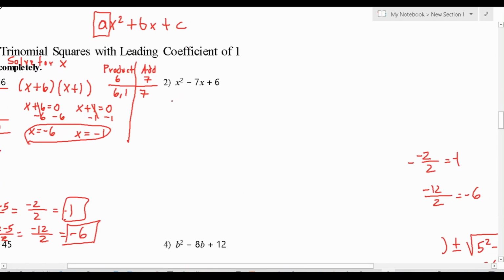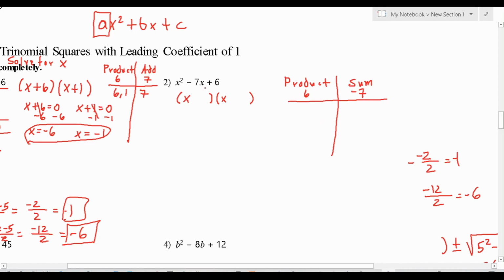Again, we have x squared minus 7x plus 6. This is very similar to the first problem. Everything that we do today is going to be in this form: (x)(x) in parentheses. And again, we're asking ourselves, what two integers can we use to factor this that have a product of 6 and a sum of negative 7? Okay, so let's make a little T-chart if we need to.